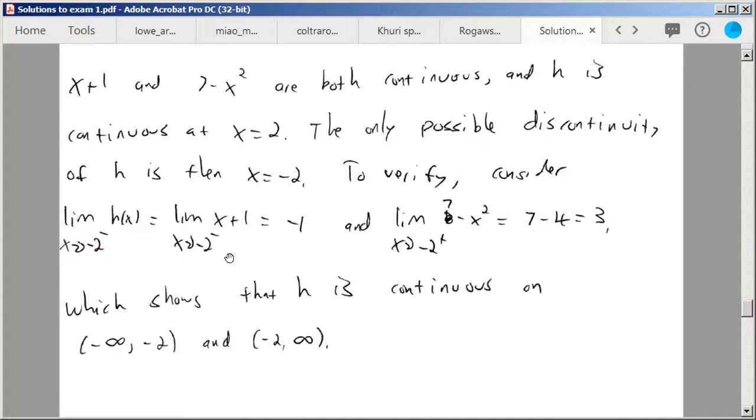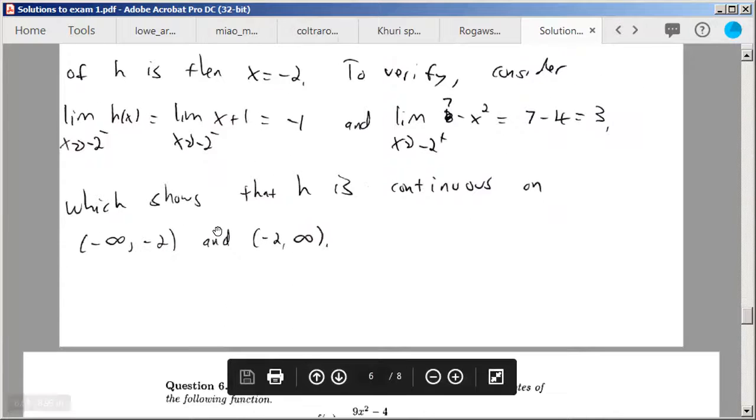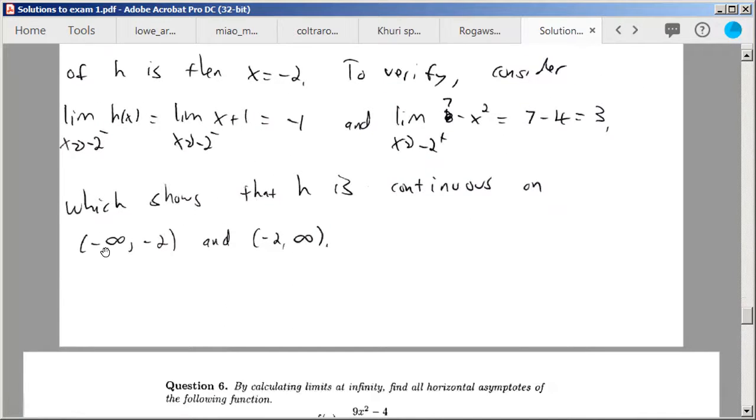I just do the left and right hand limits and observe that they're different, which shows that h is discontinuous at x equals negative 2, and therefore it's continuous at every other point. So it's continuous on the interval from negative infinity to negative 2, and on the interval from negative 2 to infinity. Pause briefly for any questions on that one.